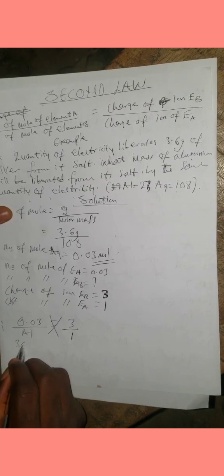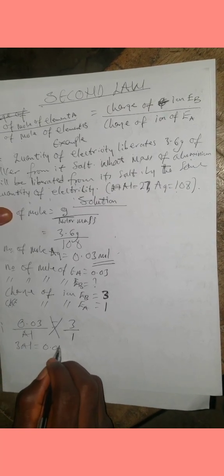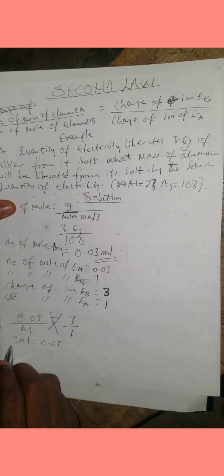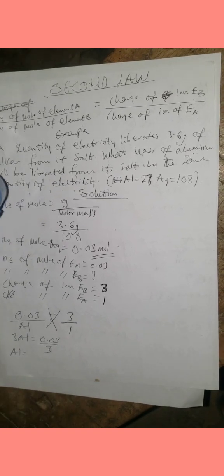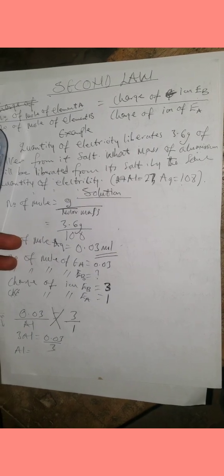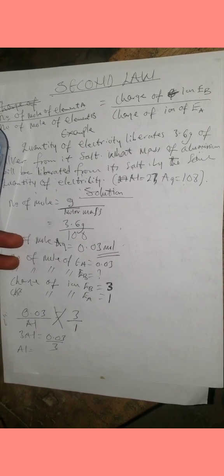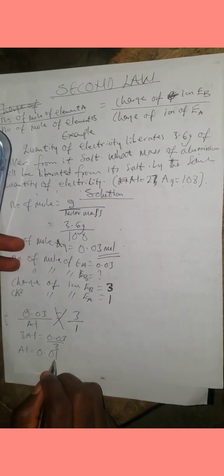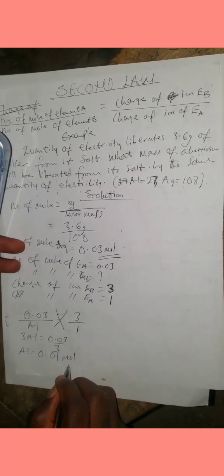When you cross multiply, you have 3Al equals 0.03. So you divide both sides by 3. So Al equals 0.03 divided by 3. You have this to be 0.01 mole.